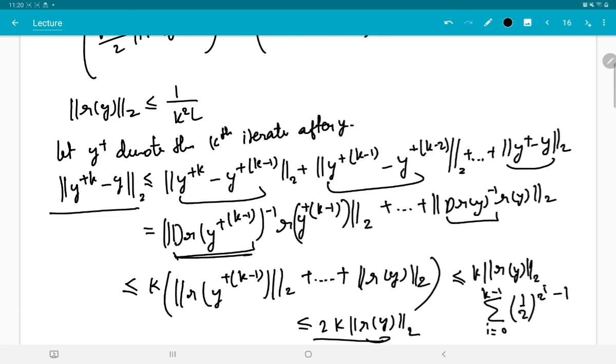So we can find as small a gap as we want between y of k and y for large k. So that's why it is a Cauchy sequence. So the yks form a Cauchy sequence, and so they converge.